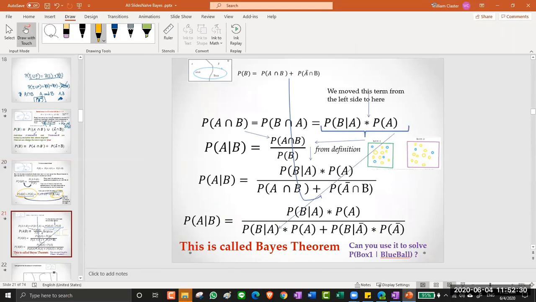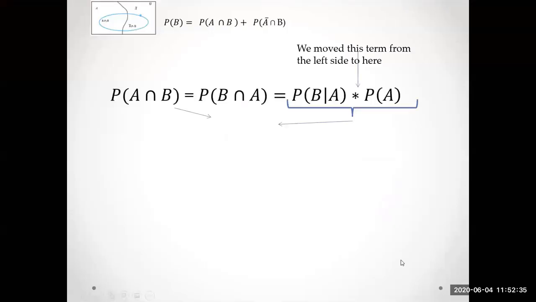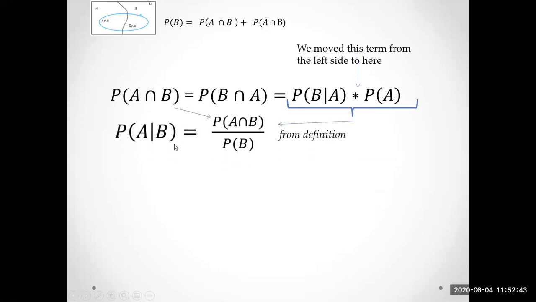So then we just have to do a little bit more algebra. We have this so far, that is, this equals this. And now we go back to the definition of conditional independence, and instead of this, we're going to replace it with this. Okay, everyone see that? I'm going to take this piece. It currently looks like this or this, but I can replace this by this.